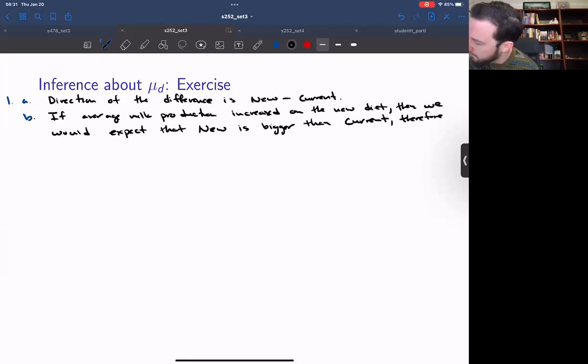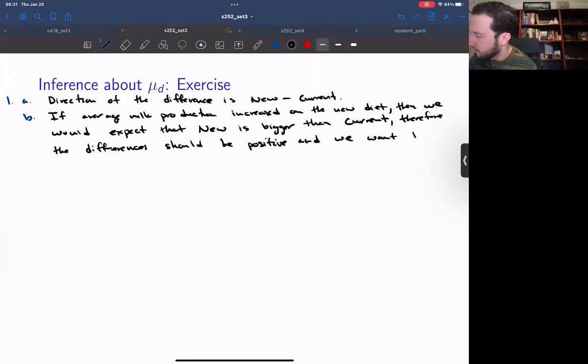Therefore, the differences should be positive, and we want to test HA: mu D greater than 0.